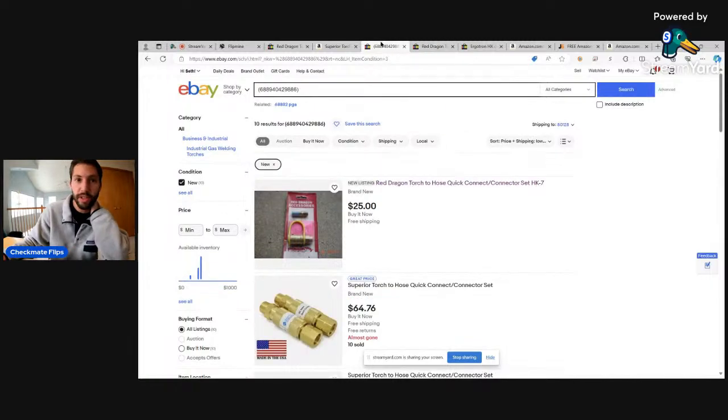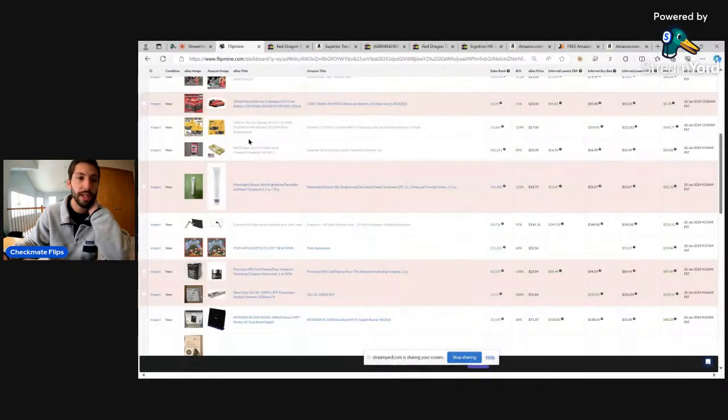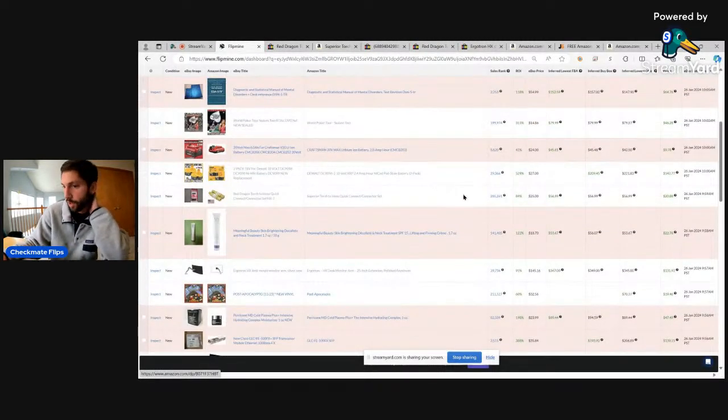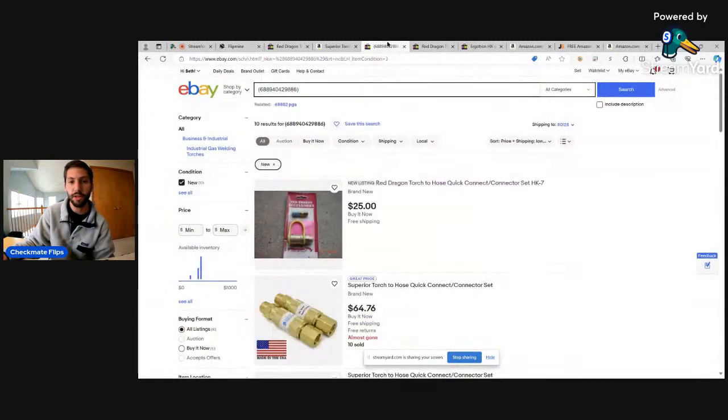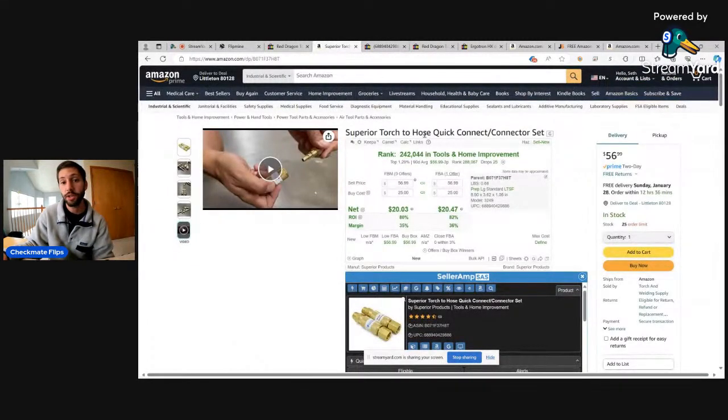So he literally listed this today. I mean, we did see it just pop up on Flipmine. We're kind of talking through this slowly. Flipmine has a little bit of a delay for when it was actually listed, but this was listed relatively recently. This is a good deal.